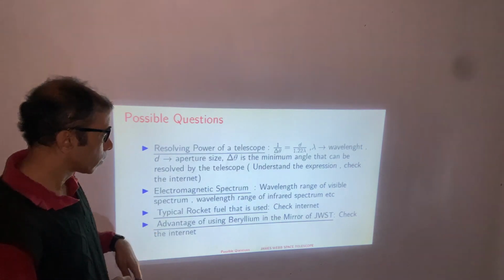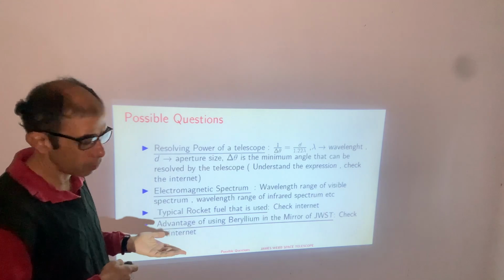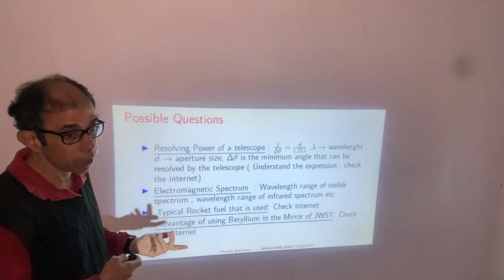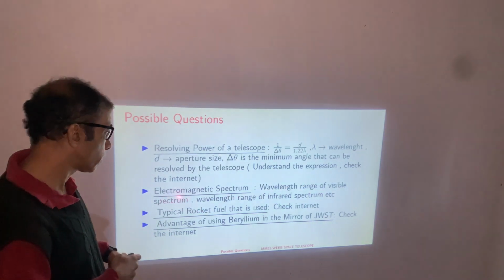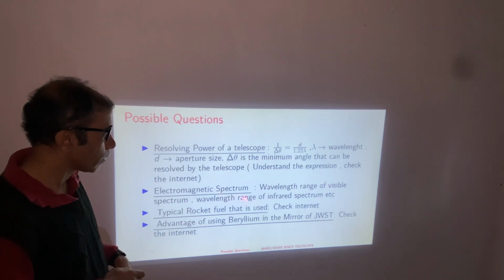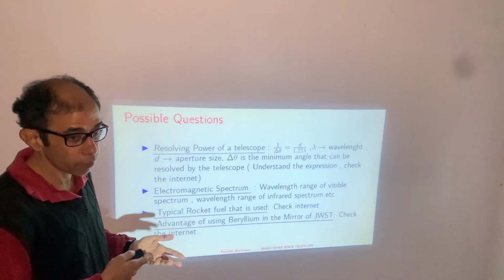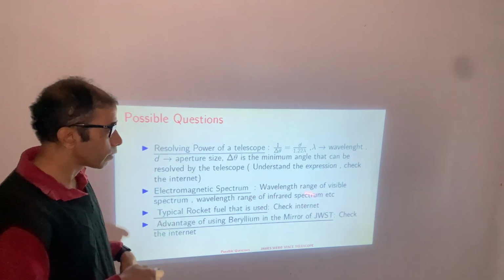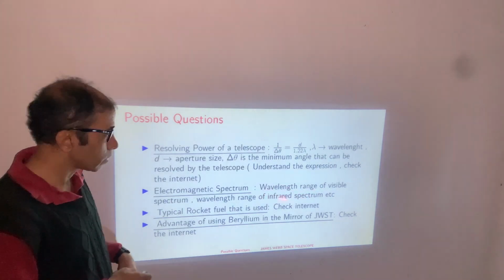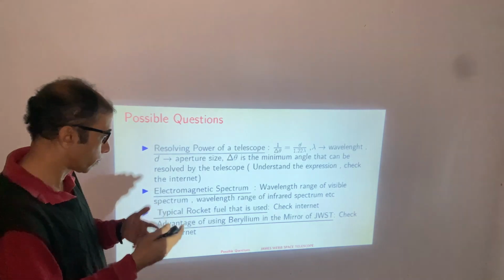So what is the wavelength range of the visible region? These are the questions the audience may ask. What is the wavelength range of the visible spectrum? What is the wavelength range of the infrared spectrum? Since we are working with an infrared telescope, we are interested in the infrared spectrum and its wavelength range. So from this to this, that is the range.